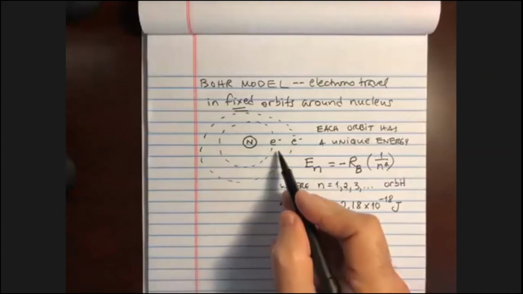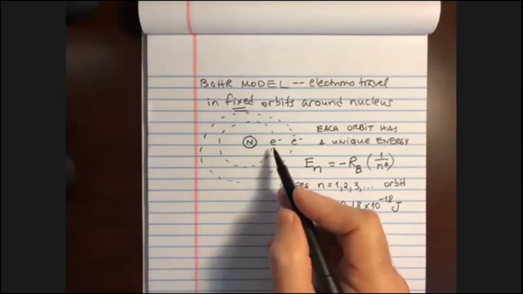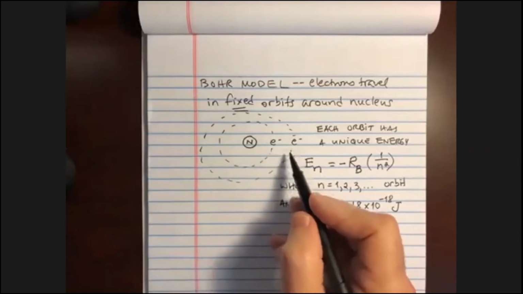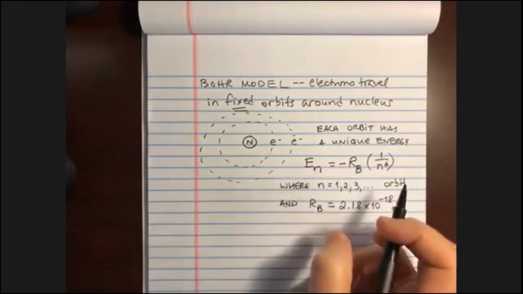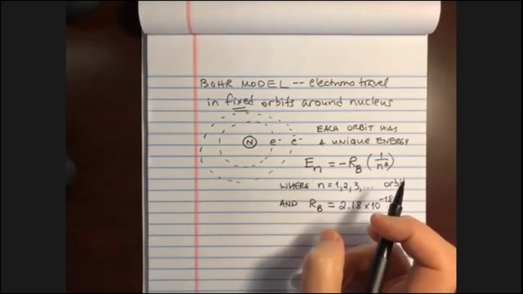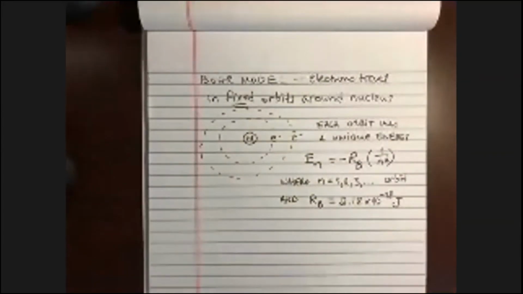There is no in between. So an electron is either in orbit 1 or orbit 2, but never in between. Much like the planets orbit the sun in their own particular paths, and they don't stroll around all over the solar system wherever they want. They're bound to specific paths. And that was essentially the novelty of this model.